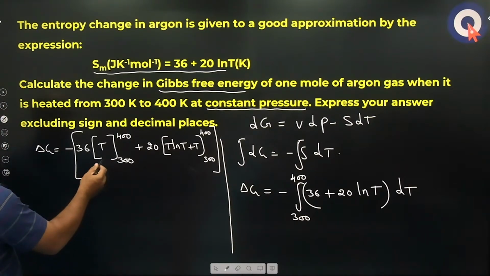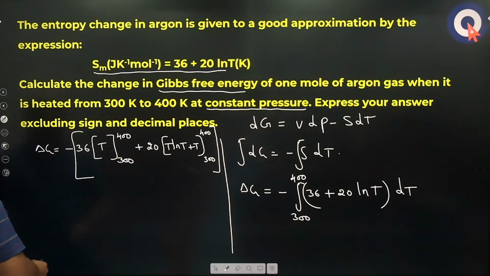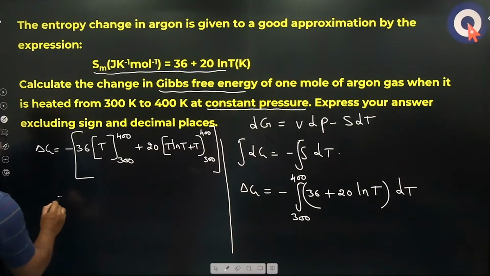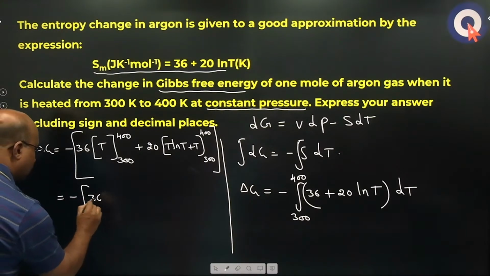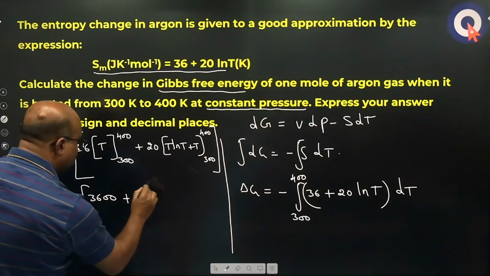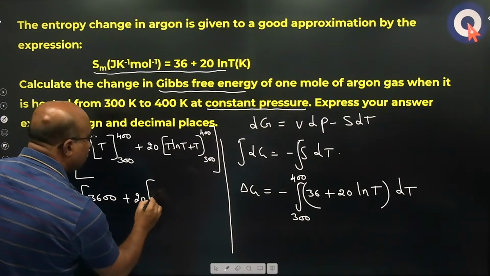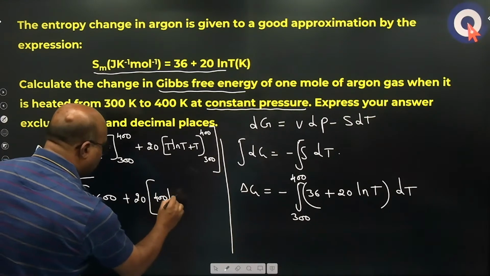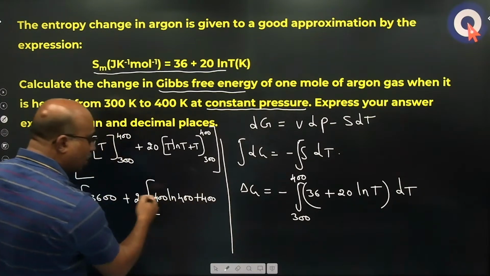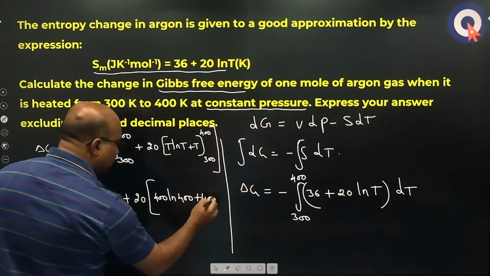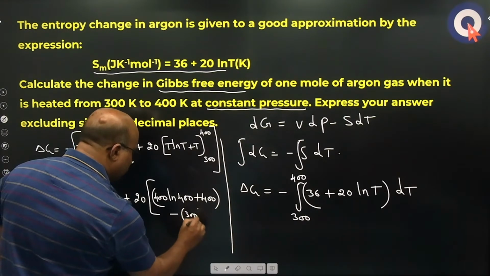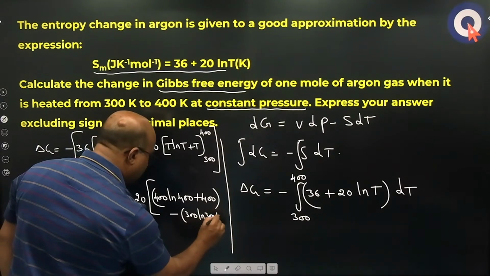So it is coming in terms of joules. All are taken in terms of that, then you can calculate the value. So it is minus of 3600 plus 20 times, taking 400 common, 400 ln 400 minus 400, minus 300 ln 300 plus 300.